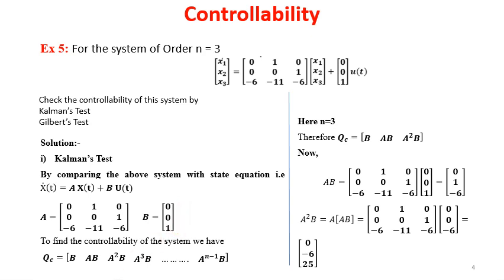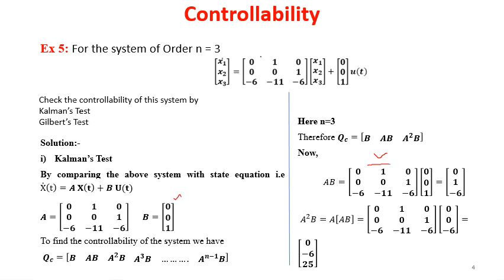To find out AB, what do we do? We take the A matrix, 0 1 0, 0 0 1, minus 6 minus 11 minus 6, and multiply it by B, which is 0 0 1.